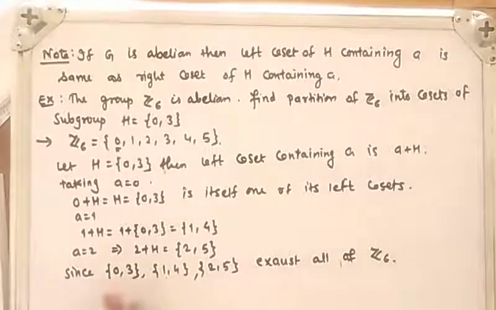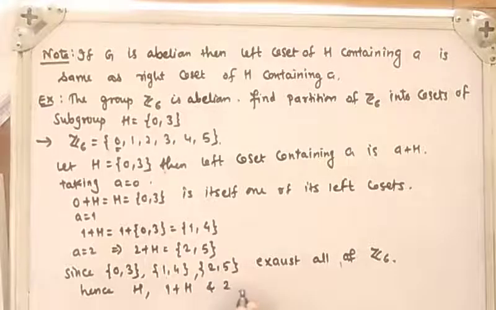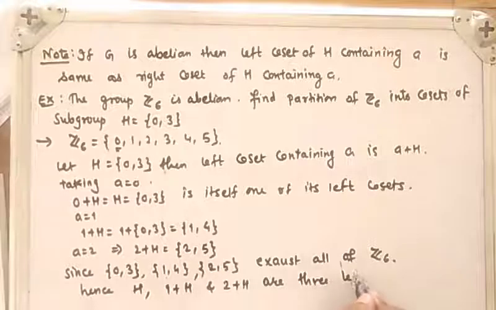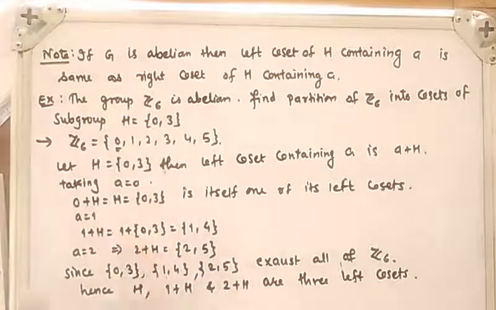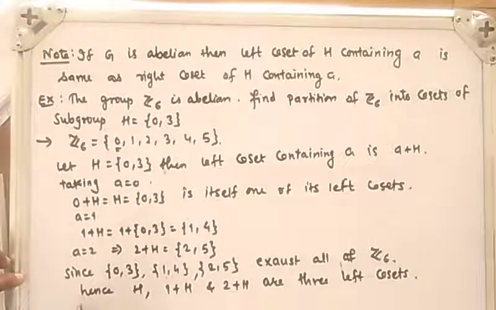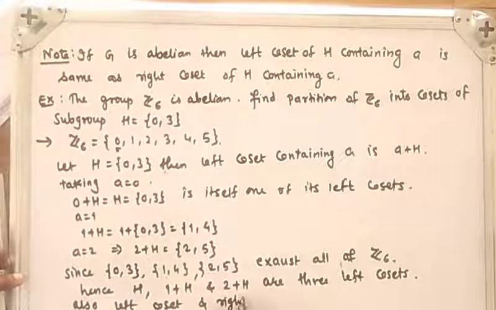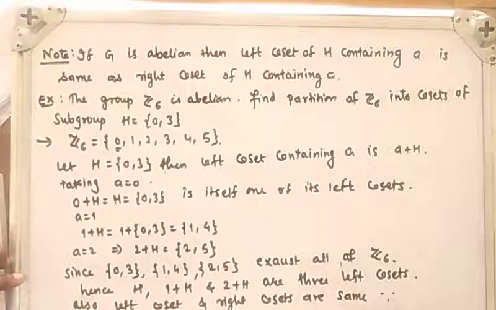Hence we say that H, 1 plus H and 2 plus H are three left cosets, and also here we know that G is abelian, then the left coset and right coset are the same, since G is abelian.